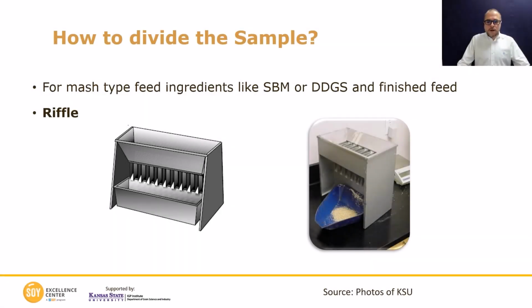For products that are more mash type, like soybean meal, DDGs, or finished feed product, use what we call a riffle. Keep in mind that this type of equipment, the riffle and the grain Borner divider, will have different channels that are designed to divide a sample into 2 subsizes or halves that are equal in weight.